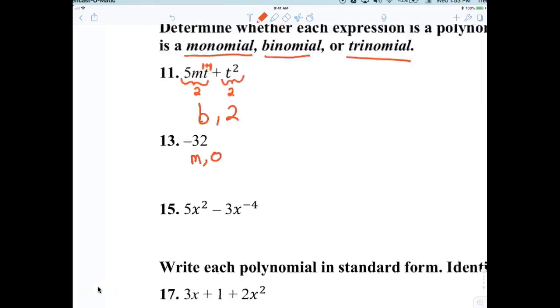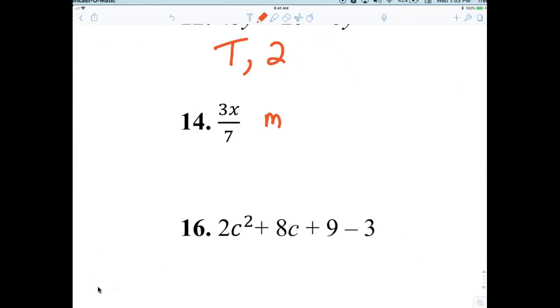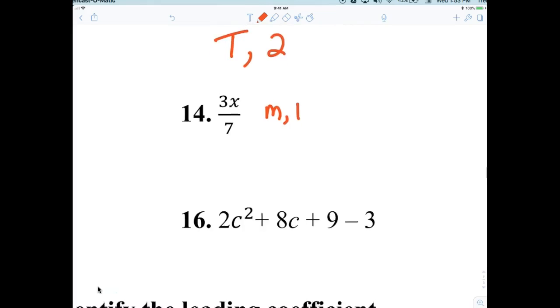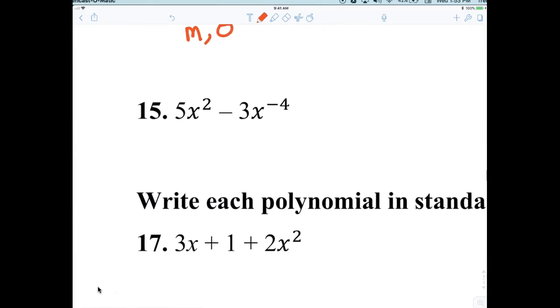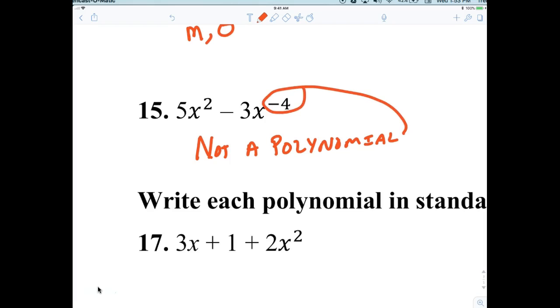Number 14, the monomial with a degree of 1. Not a polynomial. The reason it's not a polynomial is because you're not allowed to have negative exponents, or exponents in the denominator. Either way.